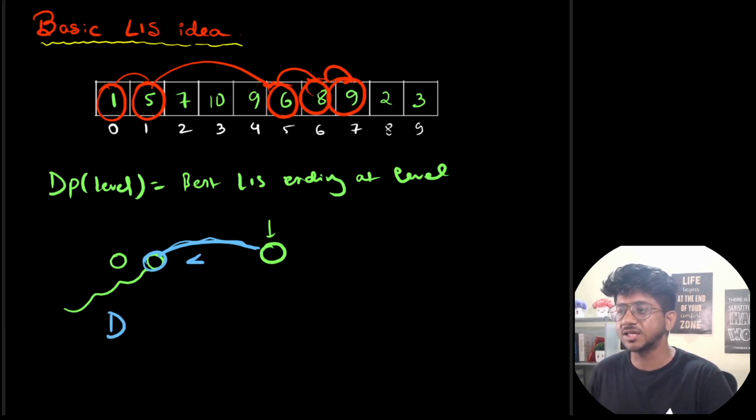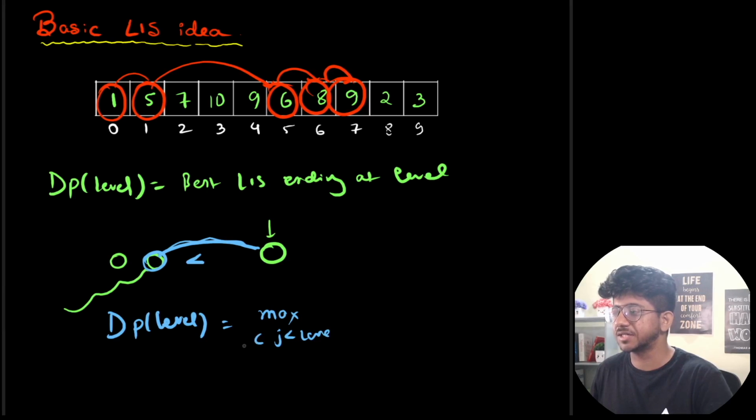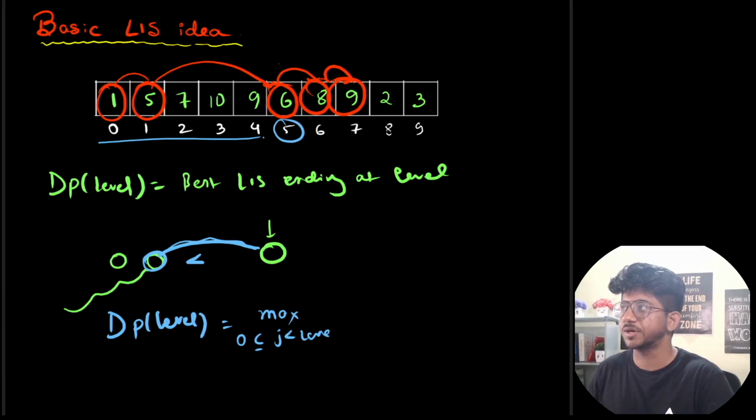So we had a transition like this, that dp of level is going to be equal to the max over all different j's, such that j is less than level and is greater than or equal to 0, right? Any previous index than any particular level.